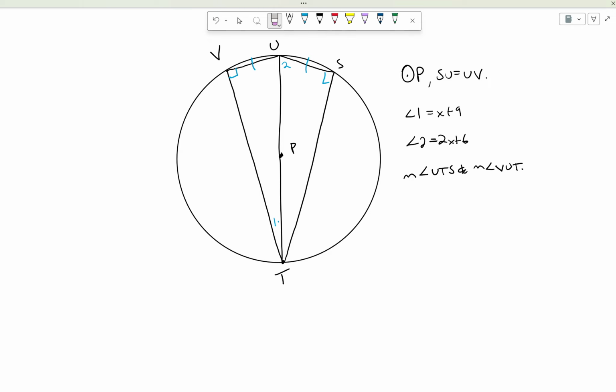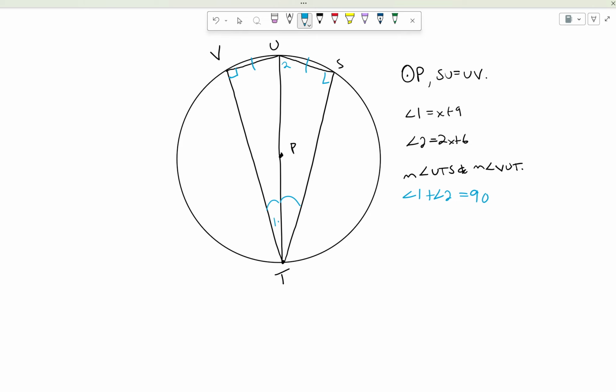So what we know then is that this angle and this angle are congruent as well as this guy and this guy. Moreover, since they're congruent, angle 1 plus angle 2 has to be equal to 90. They're going to have to be complementary, okay? Because these are corresponding parts that are going to be congruent, as they are also the acute angles of a right triangle.